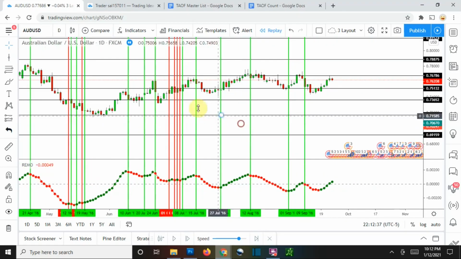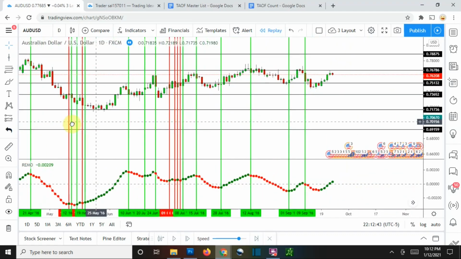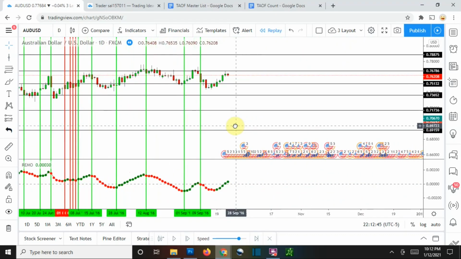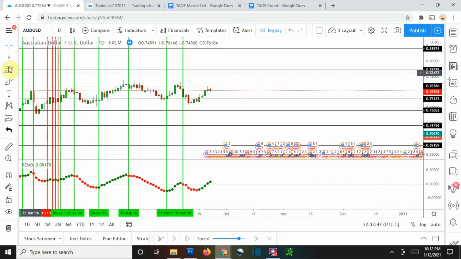If we could filter out these areas where it goes flatlined and choppy and starts to get torn up really bad, then this indicator could be really useful.